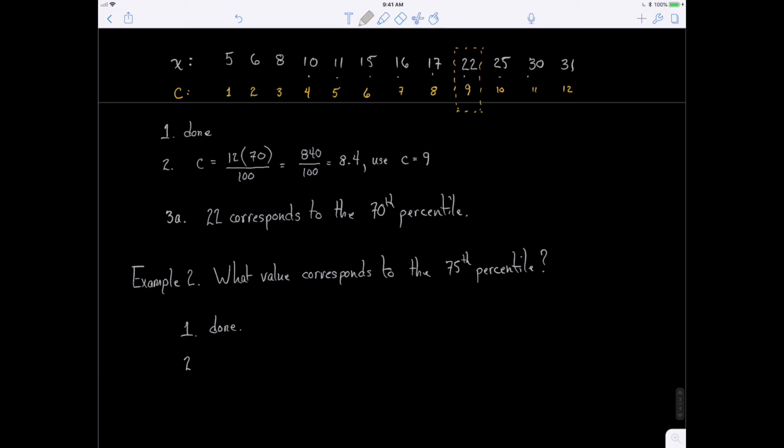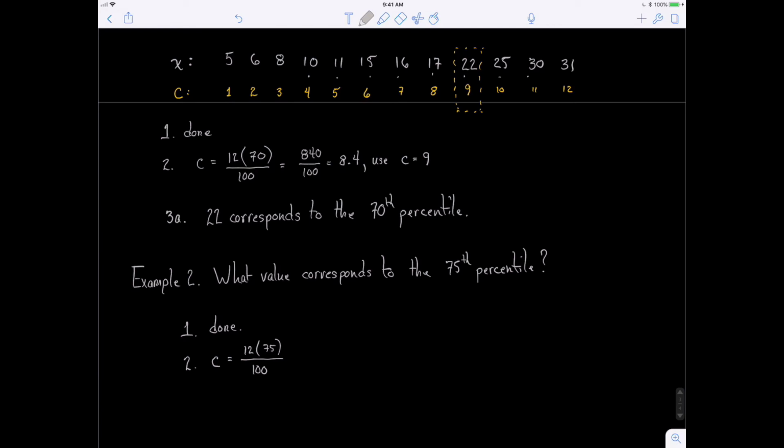Step 2 says we need to calculate C. So N again is 12 times P, this time is 75, and we're going to divide that by 100.